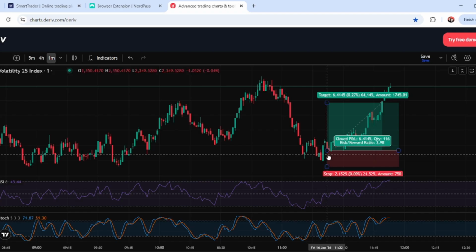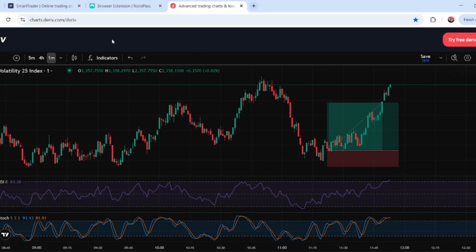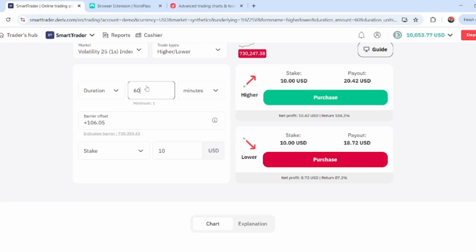Once you are getting a pullback, all you need to do is go to your smart trader and place a higher contract. You don't even need your TP to be hit. Within a duration of 60 minutes, you want the candle to be above your entry, and there is no way within 60 minutes the candlestick is not going to be above your entry.